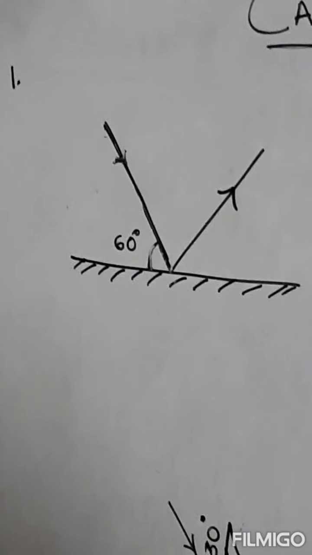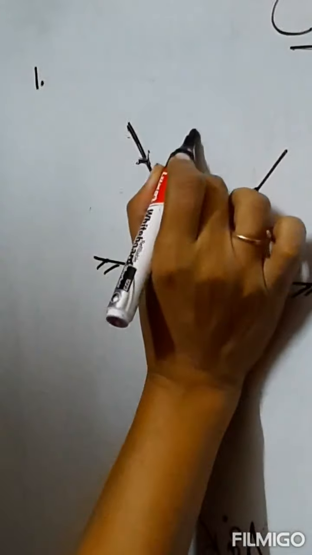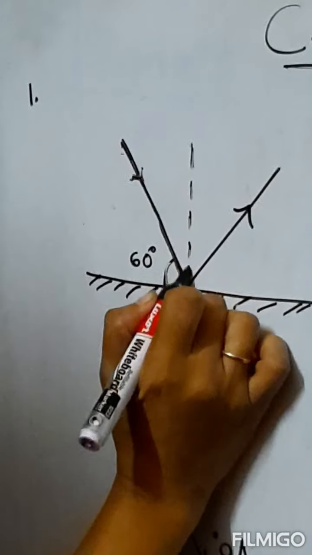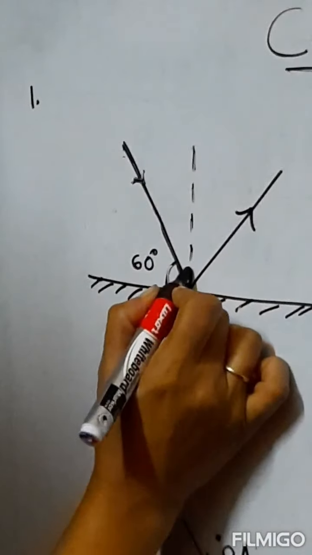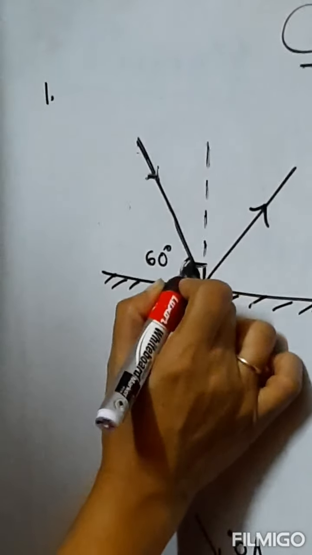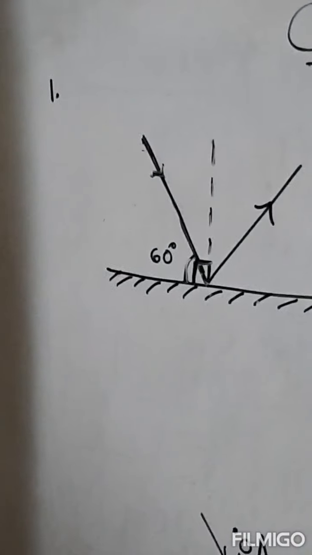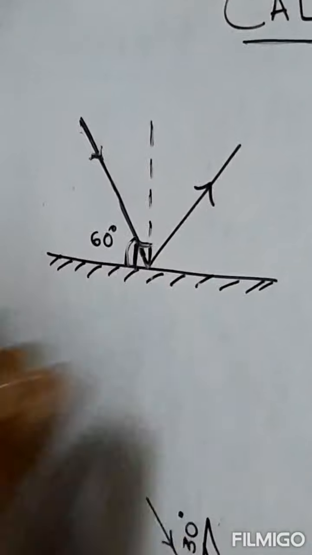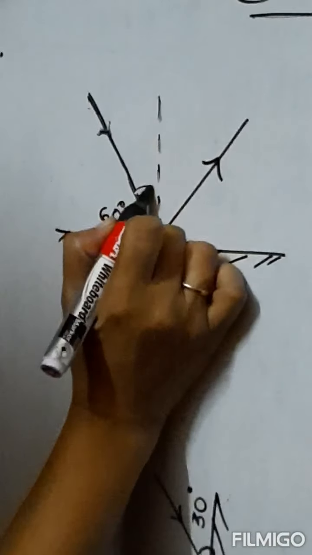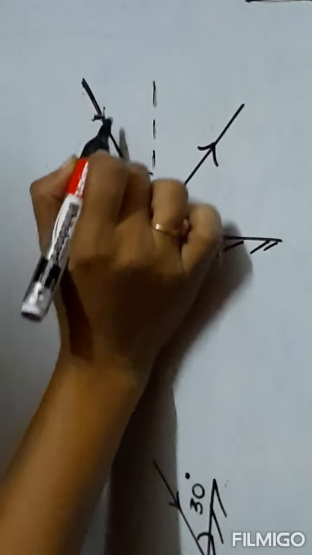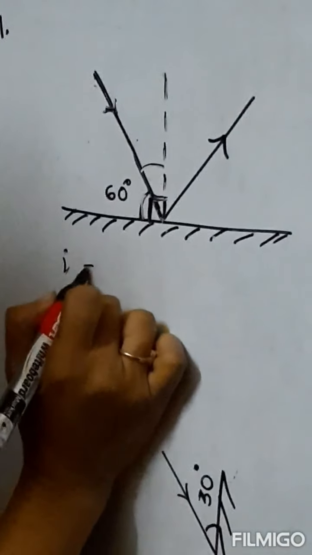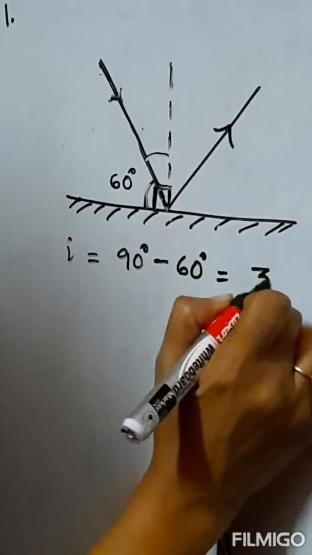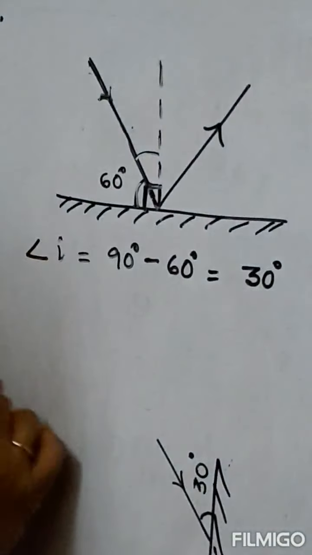What are you going to do? At first draw a normal. Normal means we know that this angle is 90. So if this angle is 60, and the whole of this angle is 90, then angle I is 90 minus 60, that is 30 degree.